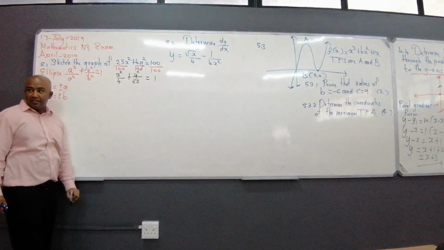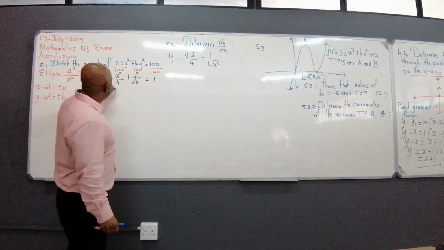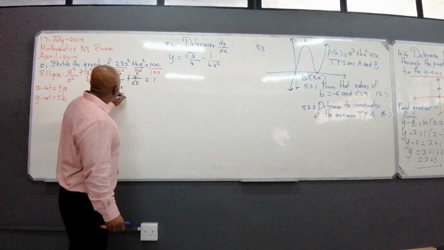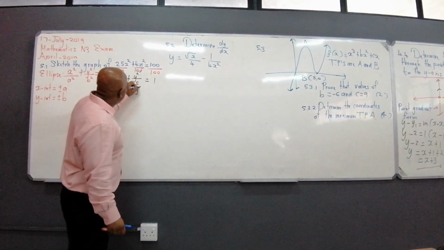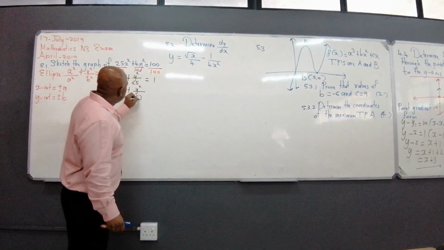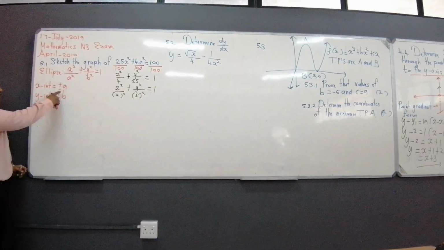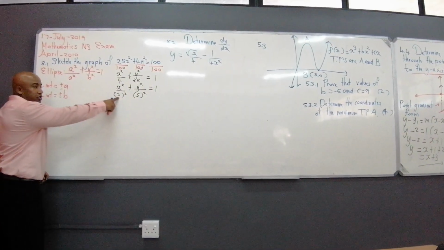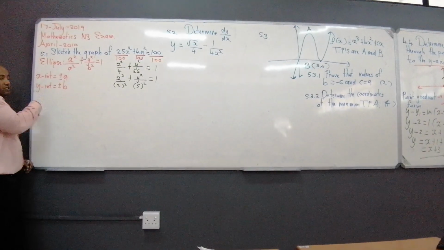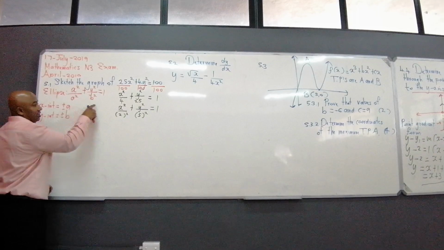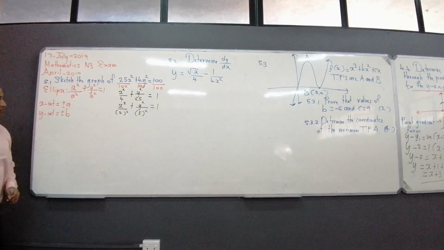You can see that? So your standard form is x squared over 2 squared plus y squared over 5 squared is equal to 1. So basically your a value there is 2, which is the x-intercept, plus 2 and minus 2. And your b value is 5.